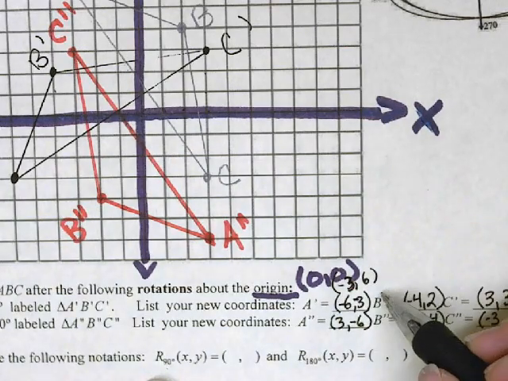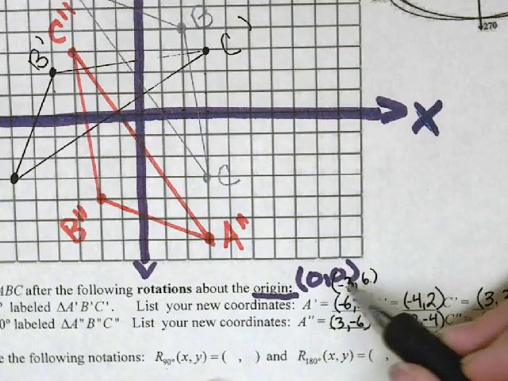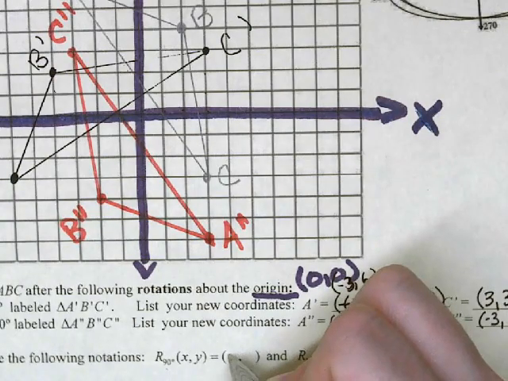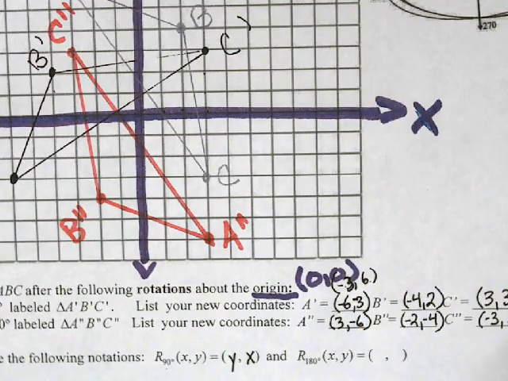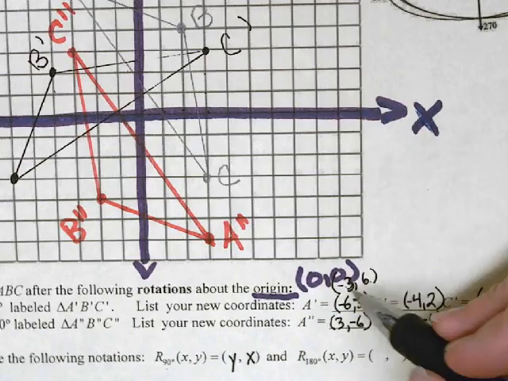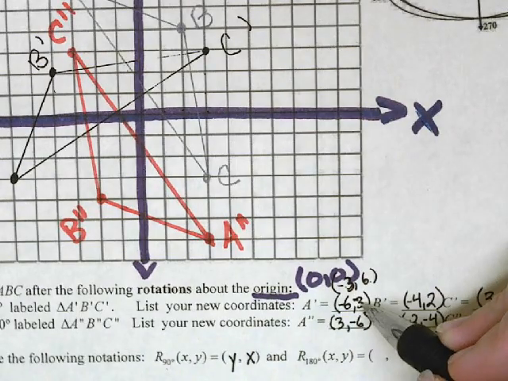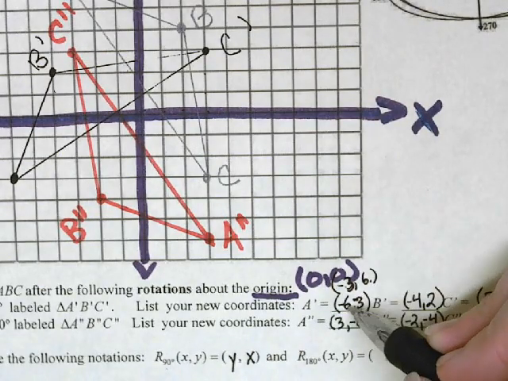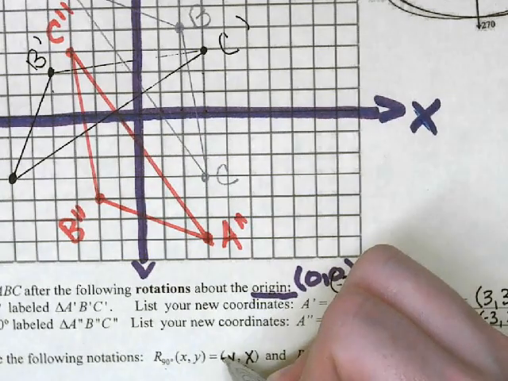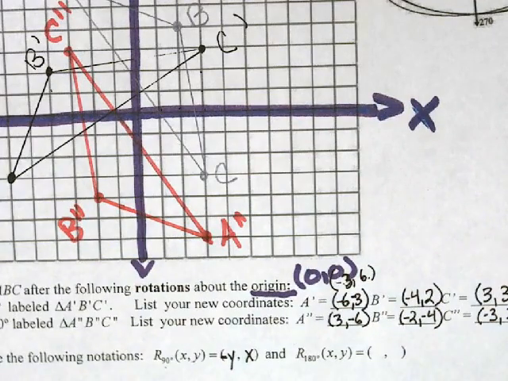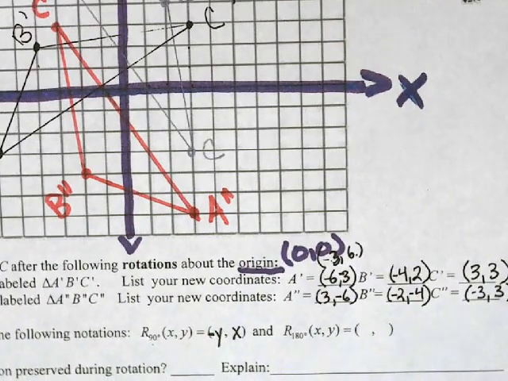And what you can see that happened is that the X and Y's actually switched places. So this is going to become Y and then X. As well as, that -3 stayed, but the 6 changed sign. Here it's the new X, so I'm going to negate that. Now, negate does not mean make negative. It means to change its sign. And that's what happened with all the coordinates.